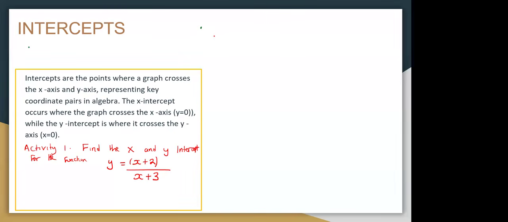When we are finding the x-intercept, you give it in the form of a coordinate, because it is a point. So when it comes to the x-intercept, our y is going to be equal to 0. You say y is equal to x plus 2 over x plus 3. Where there is y, we put 0, so 0 equals x plus 2 over x plus 3.